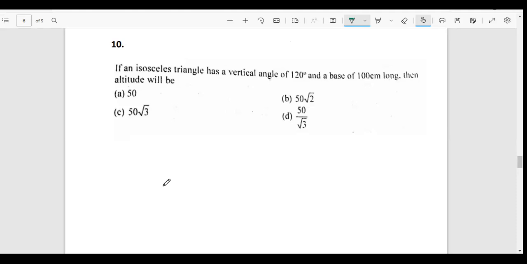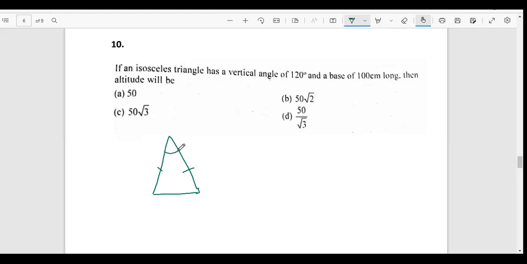It is basically a triangle, specifically an isosceles triangle. Something of this type. हमारे पास दो sides of the triangle would be equal because it is an isosceles triangle. This side and this side is equal.